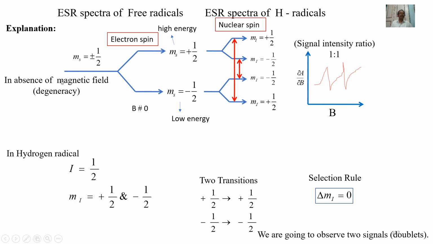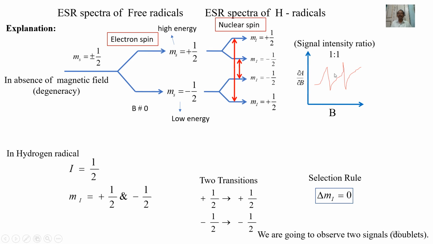In the absence of a magnetic field, we have a degenerate level, and the moment we apply the magnetic field, this splits into ms equals minus 1/2, where the direction matches the external magnetic field, and a higher energy level ms equals plus 1/2. Each of these splits into two lines, and the experimentally observed spectrum will be 1:1.